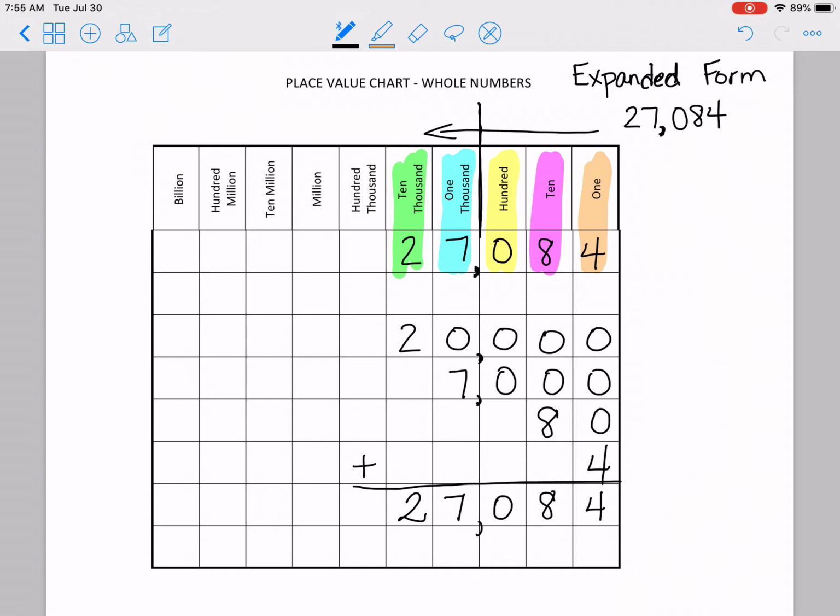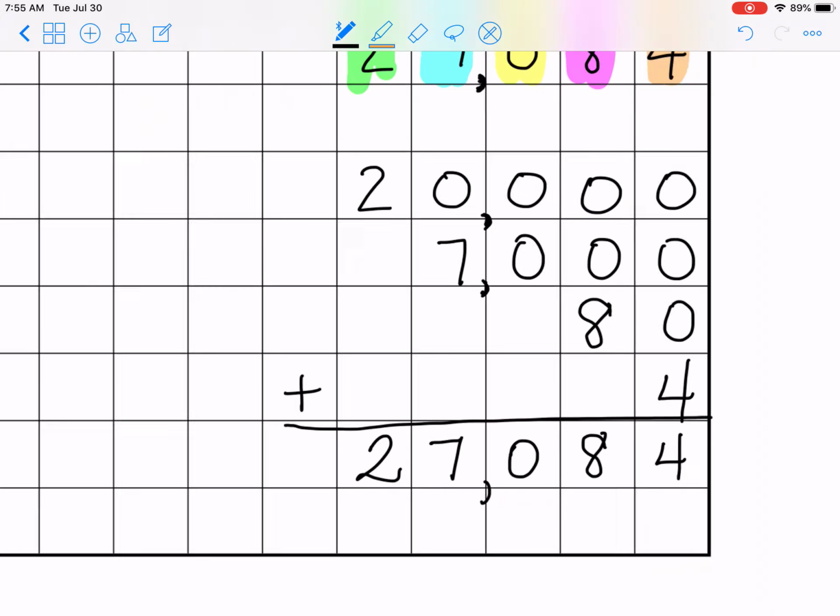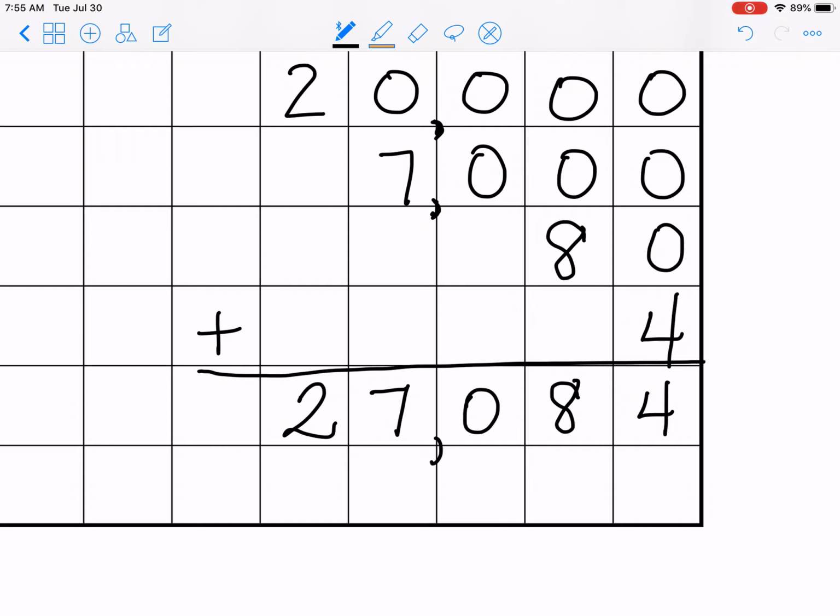And to write out this number in expanded form would be 20,000 plus 7,000 plus, now for the hundreds, I can either write 0, 0, 0, showing that I have no hundreds if I need it there, or I can take that out and simply move to my 8 in the tens place, which is 80, plus 4.